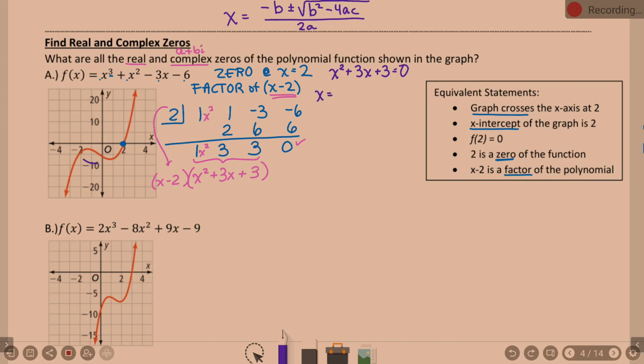So x equals negative b. b is 3, so I'm going to say negative 3 plus or minus the square root of b squared, so 3 squared, minus 4 times a, which is 1, times c, which is 3, all over 2a, 2 times 1.